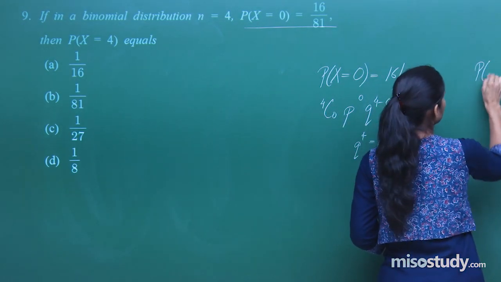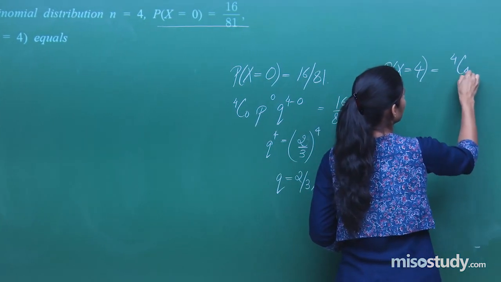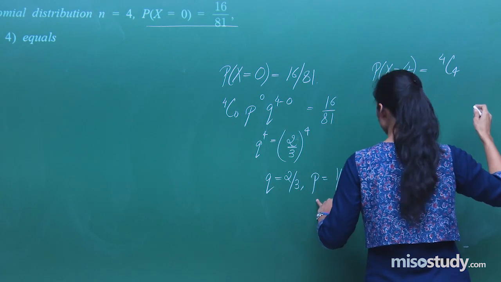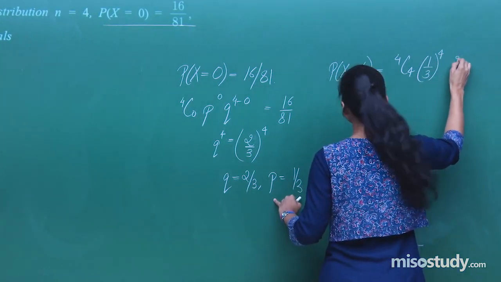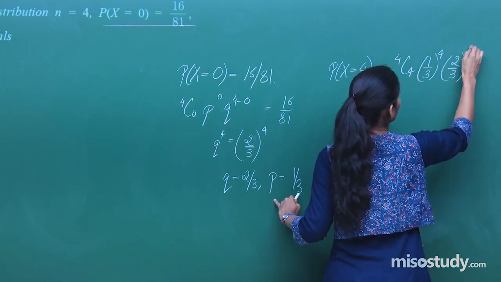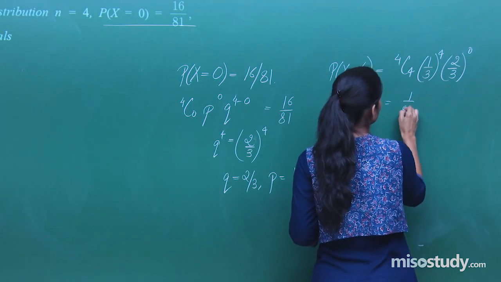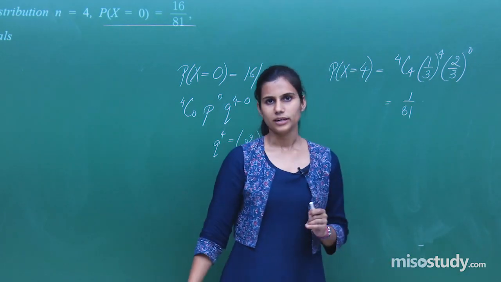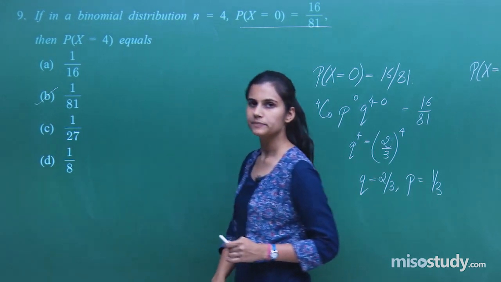And now if you want to evaluate probability of x equals 4, this becomes 4c4, p to the power 4, p is 1 by 3, q to the power 4 minus 4. This is again 1, this is 1, 1 by 3 to the power 4 is 1 by 81. So probability of x equals 4 is 1 by 81.